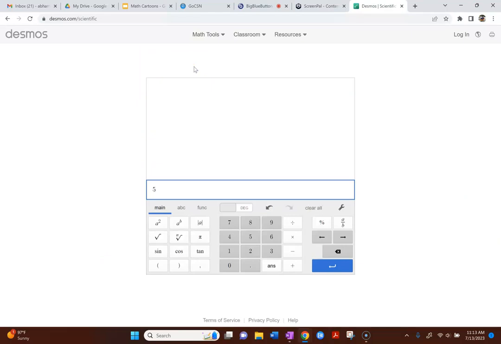And 5, and now I use the shift 6, but you can also use that a to the b right there, and that'll take you to the square root of 3. So now I'm going to go square root 3. And so we get 16.24245.